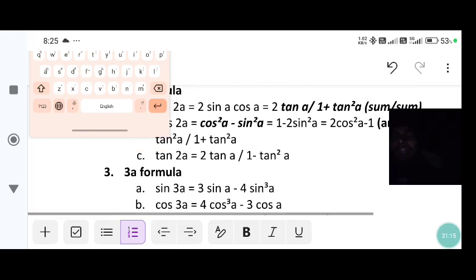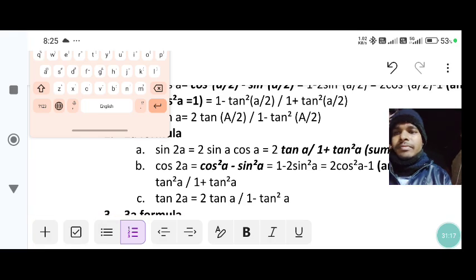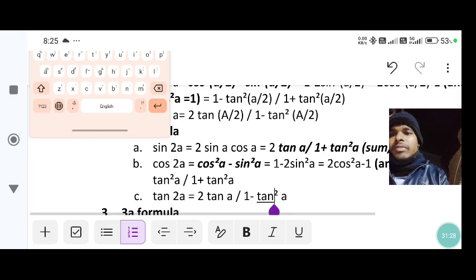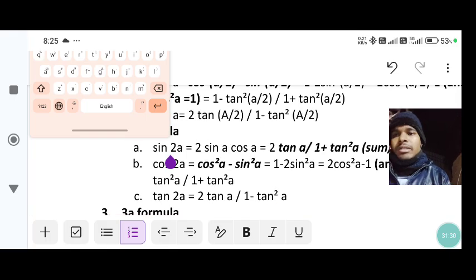For 3a we have a unique formula, but for 2a, if it is tan 2a, then simple: a plus a is a sum, then sum by difference. But if it is sin 2a, then what should be the thing? It should be either sum by difference or difference by sum, but this is not the case.